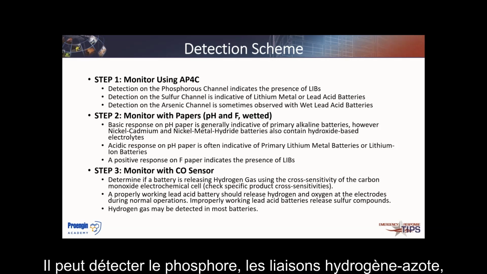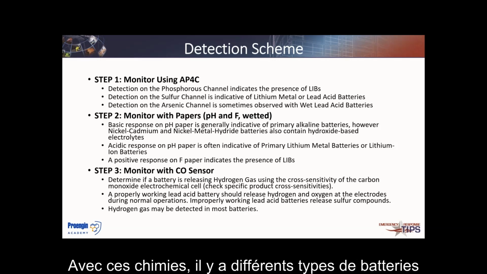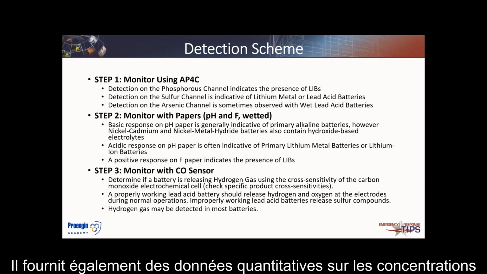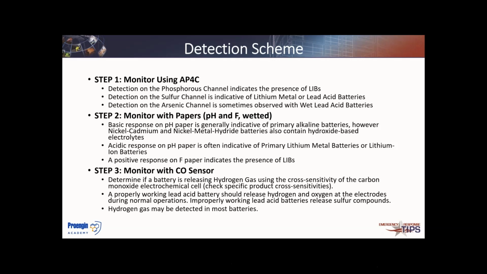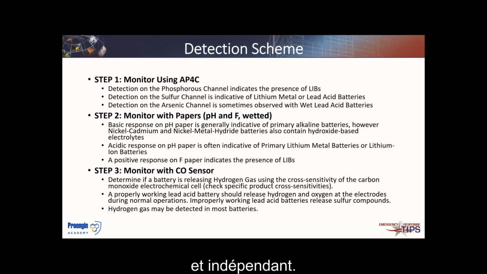It can detect phosphorus, hydrogen, nitrogen bonds, hydrocarbons, arsenic, and sulfur. And as we see with those chemistries, there's a number of different types of batteries that have the presence of these materials, and therefore it's a helpful tool. It's also giving you quantitative data on the concentration, it's very quick responding, and each channel is discrete and independent of one another.